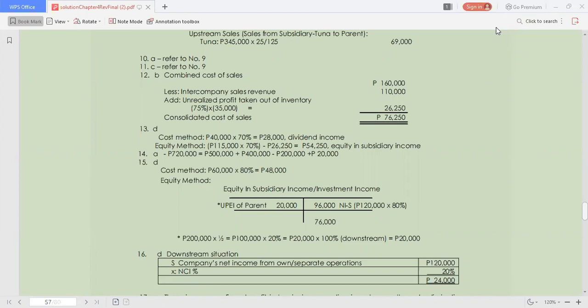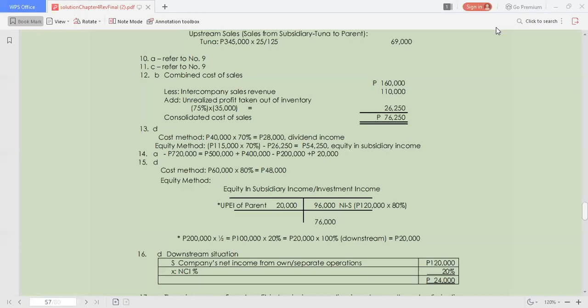So the unrealized profit taken out of inventory is based on the inventory, which is three-fourths of 35,000. So the answer to number 13 is letter D, under the cost model and under the equity method.